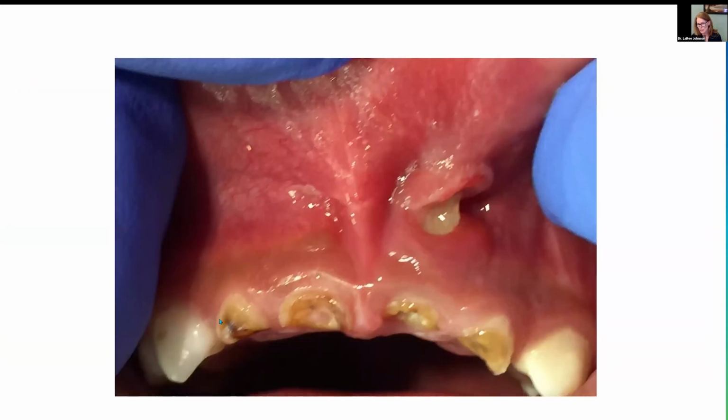Here's another situation, and this is the really smart reminder. Sometimes in chronic infections, we see disease that passes past the mucogingival junction, which I call the Great Wall of China. Your intraosseous anesthesia does not cross the mucogingival junction.